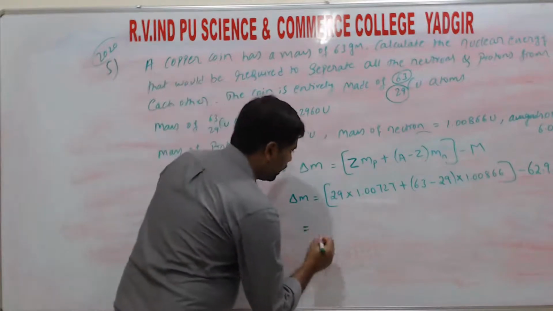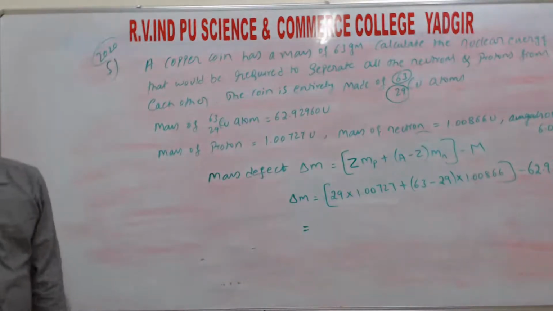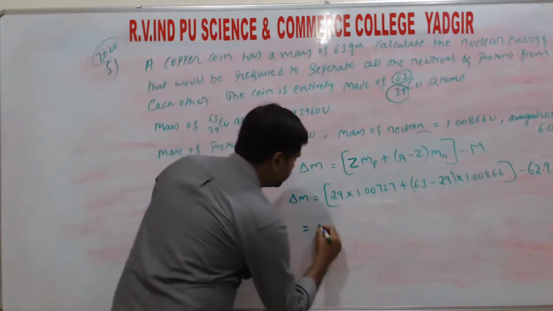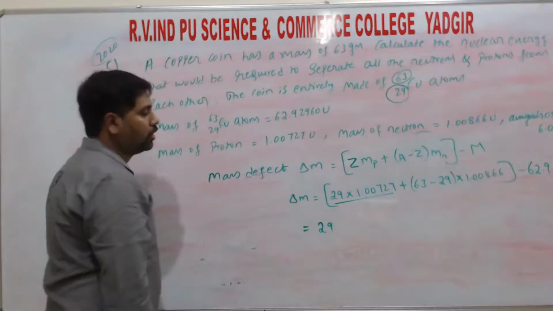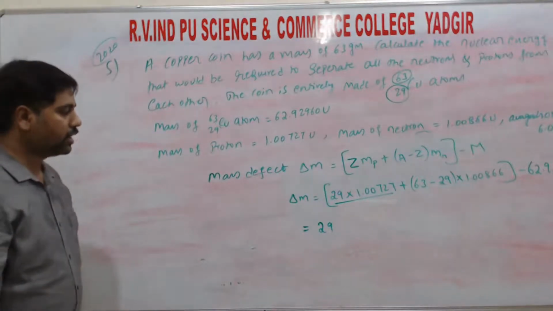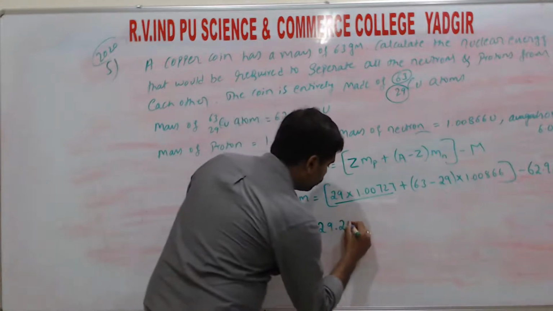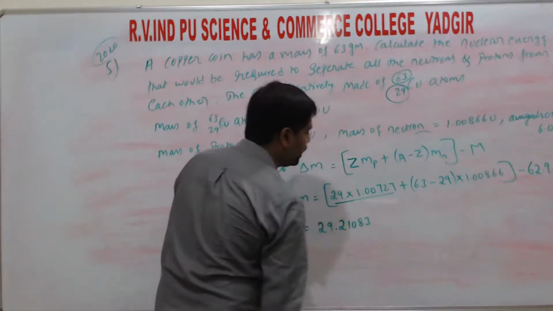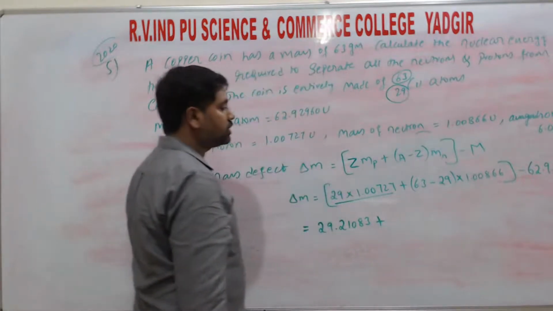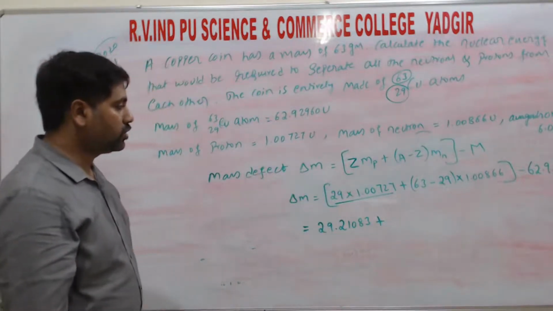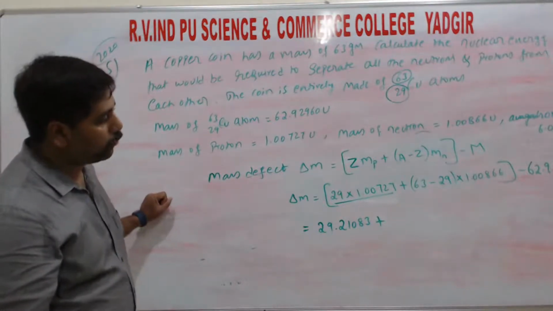Now if you simplify this one, first multiply these two values, 29 into 1.00727, that gives 29.21083, plus here 63 minus 29, that is equals to 34.